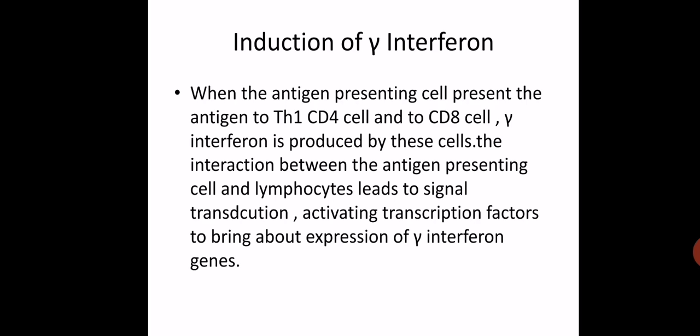Here the interaction is important. Interaction between the antigen presenting cell and lymphocyte leads to signal transduction, thus activating the transcription factor to bring about the transcription of gamma interferon genes. Whenever the transcription of gamma interferon genes takes place, there is a synthesis of gamma interferon.